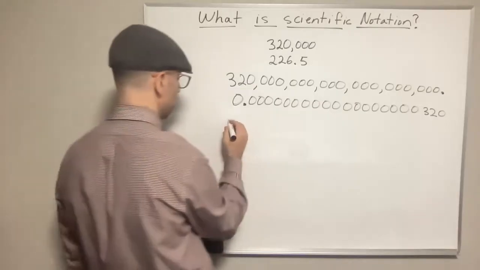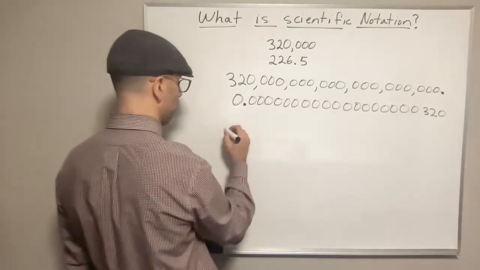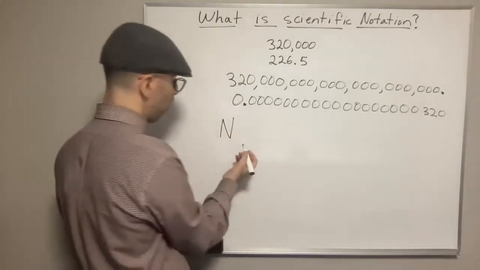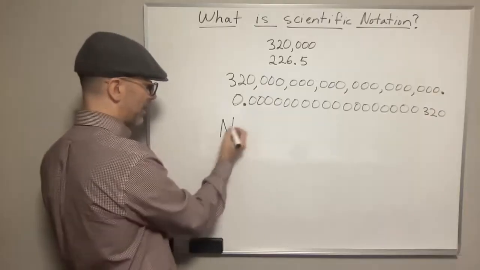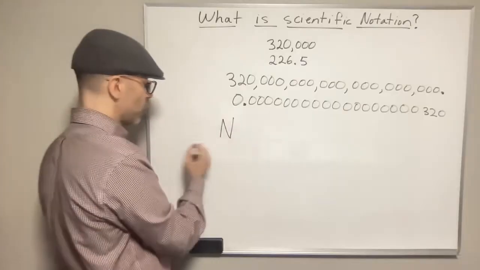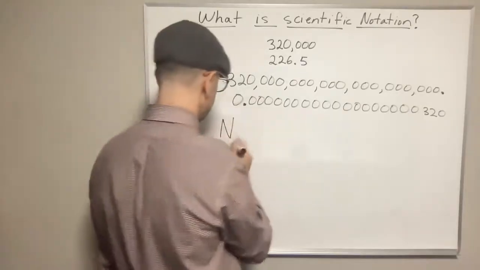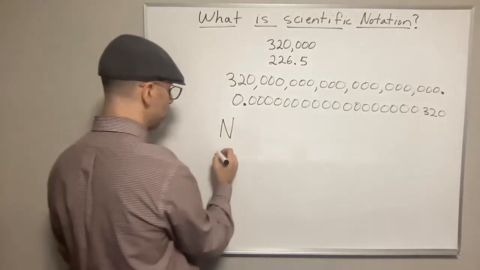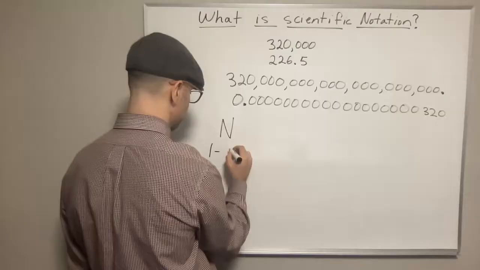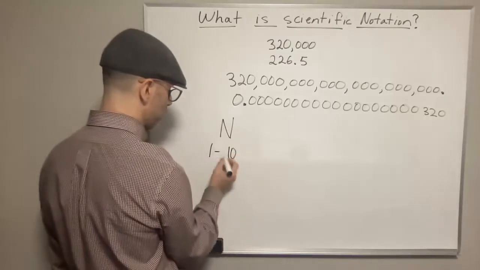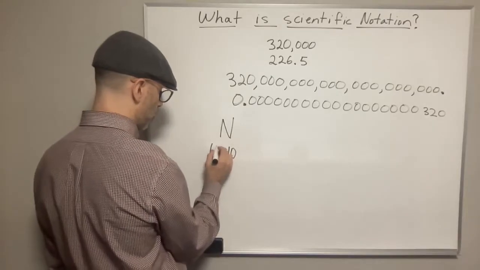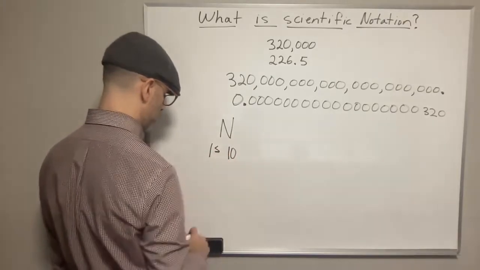So you're going to end up with some number, we'll call that capital N. This number is going to be between 1 and 10, so it's not going to be equal to 10, but it could be equal to 1. So it could be equal to or larger than 1.